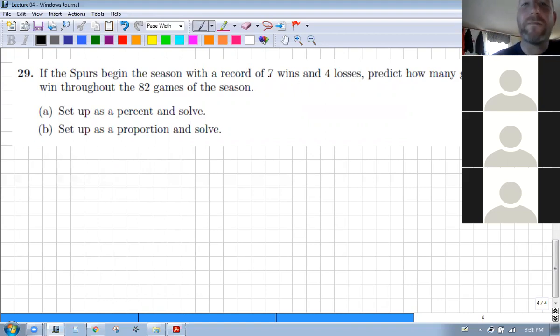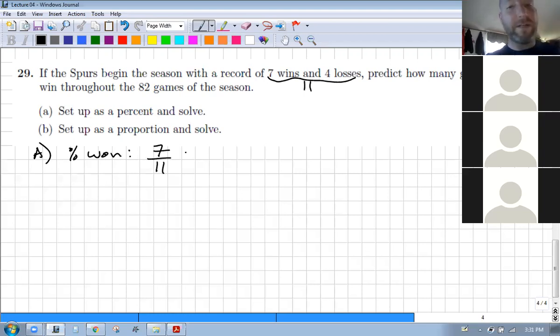Well, let's see. 4 makes 11, right? So we're 11 games into the season. So part A, the percent won so far is 7 out of 11, right? Which we can convert into a percent, right?